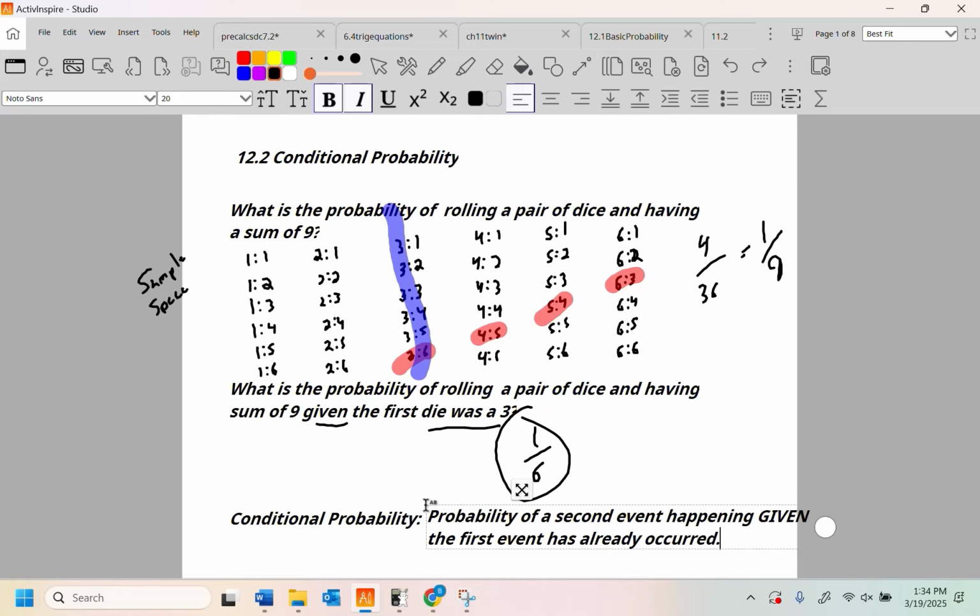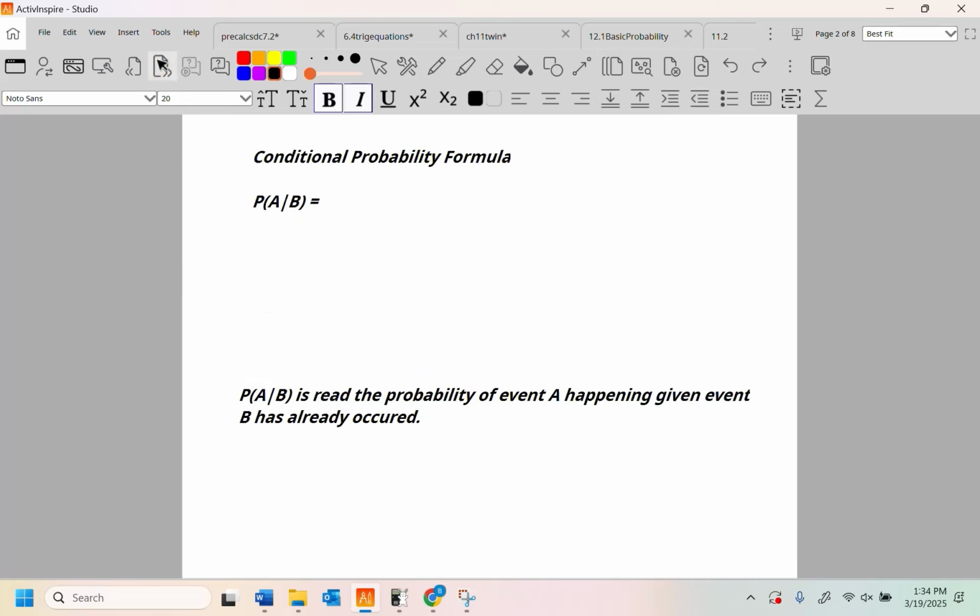I probably spelled occurred wrong, but anyways, let's just say happened. Given the first event has already happened. That's called conditional. There's a pre-set in stone condition, and that event has happened. It's in the past, so it's guaranteed to happen. I'm only worried about the future. And I think that gets some kids. They don't like the idea of given. They want to do everything.